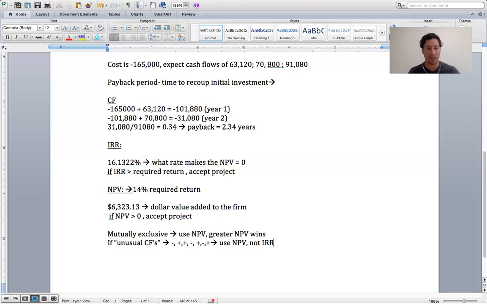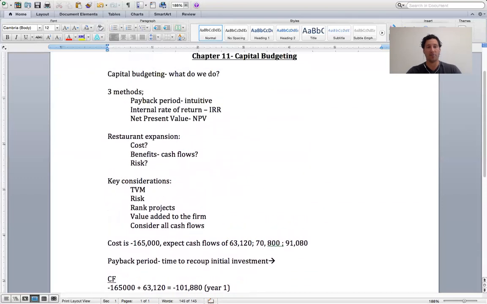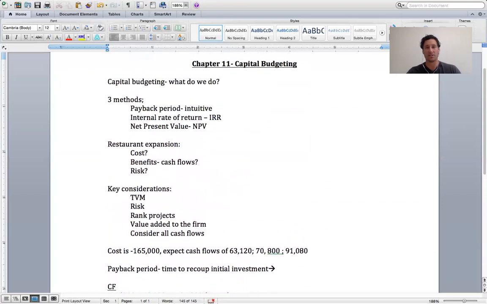Okay, so if the cash flows are unusual, use NPV, not IRR. Otherwise, both usually will give you the same answers. Mutually exclusive, NPV. Again, not IRR on that one. Payback period, good to know, not good to value projects or rank them or use that as our decision-making criteria.